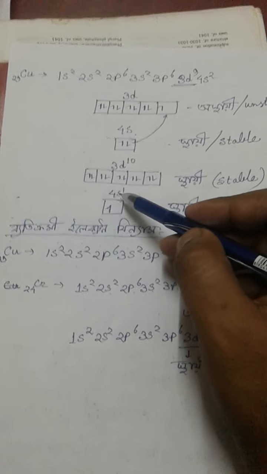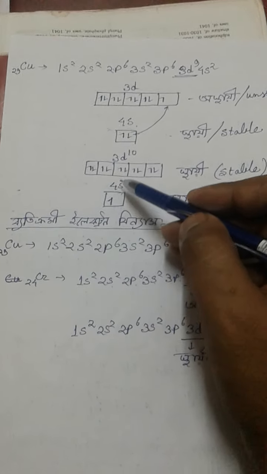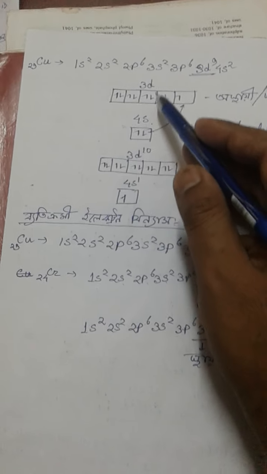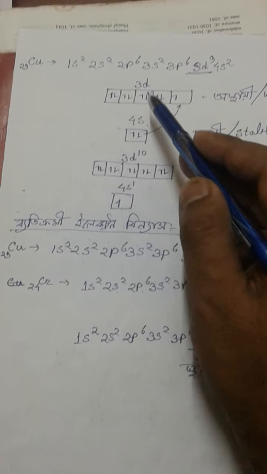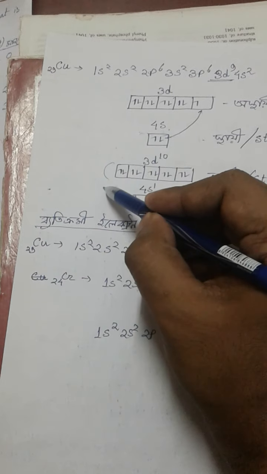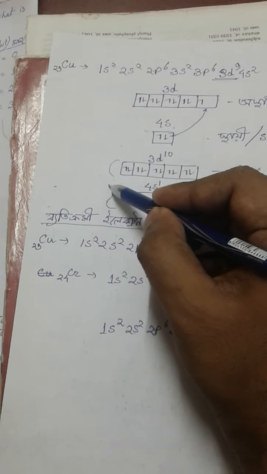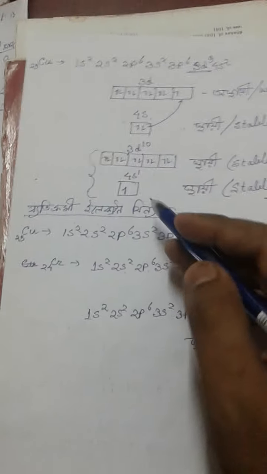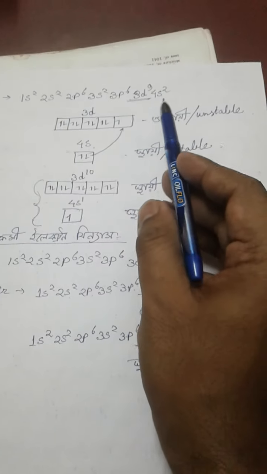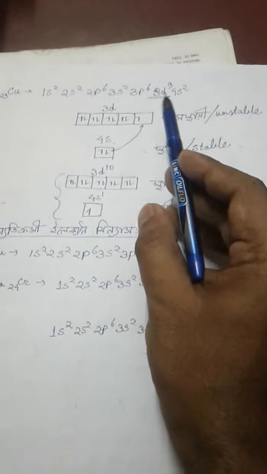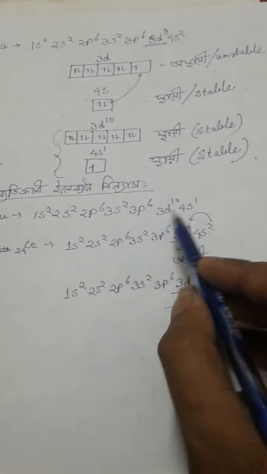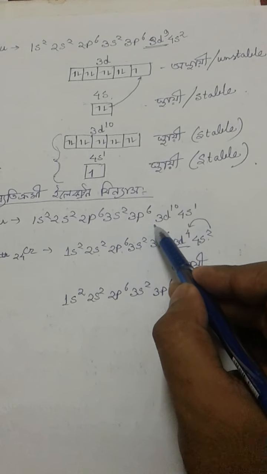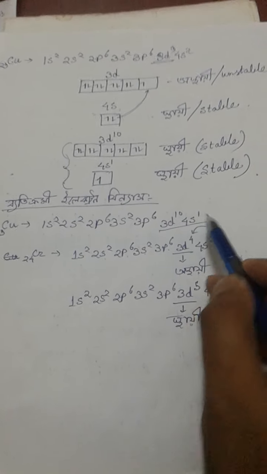So 3d and 4s both are stable in this case, but in the earlier case only 4s is stable, but 3d is unstable. So this arrangement is more stable than the first arrangement. So one electron jumps from 4s to 3d to get maximum stability. So the exceptional electronic configuration of copper is now 3d10 4s1.